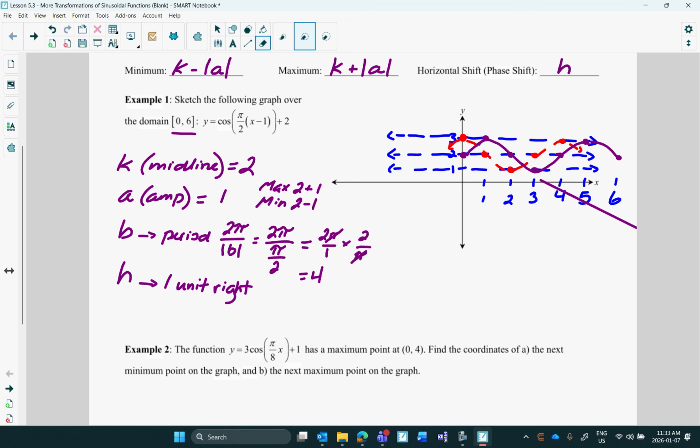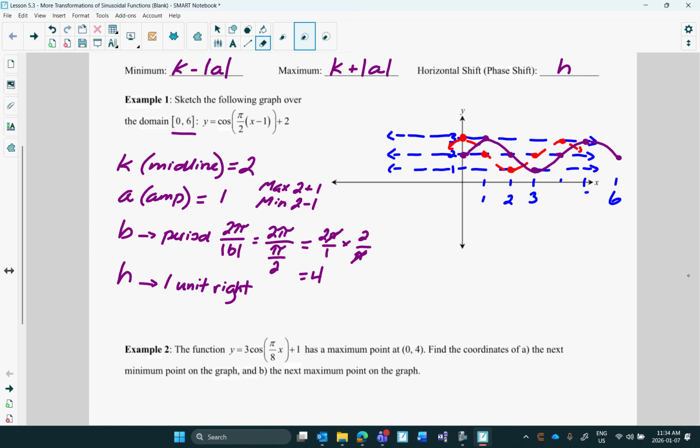Like I said, most of the time, you'll be asked to sketch at least 1 period. Sometimes you may be restricted in what you graph, which means we don't put arrows on the end. Okay? All right, so that is going when you're given the function and you're asked to graph it.